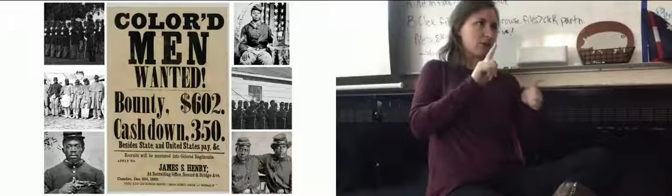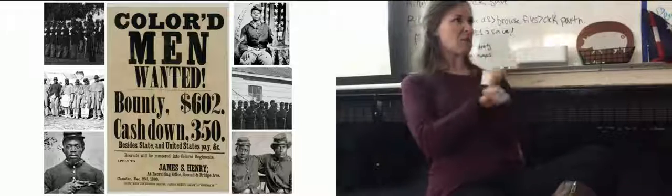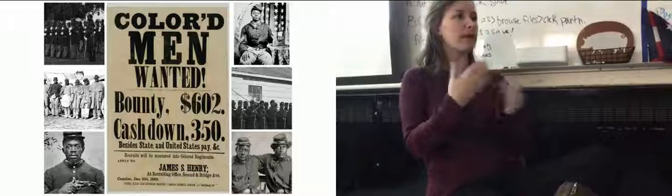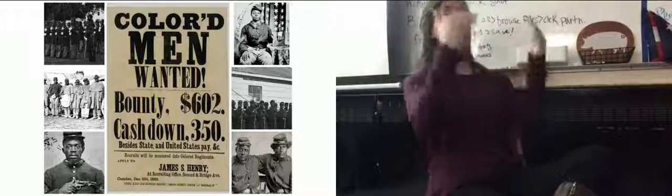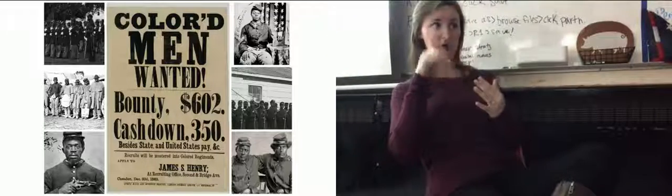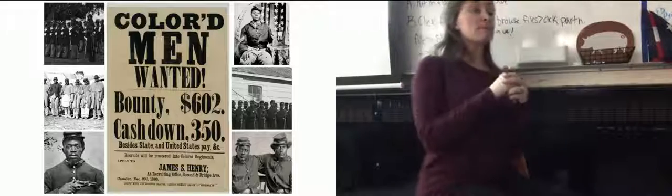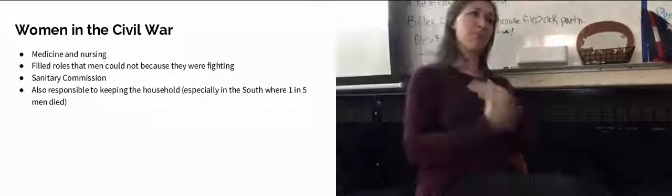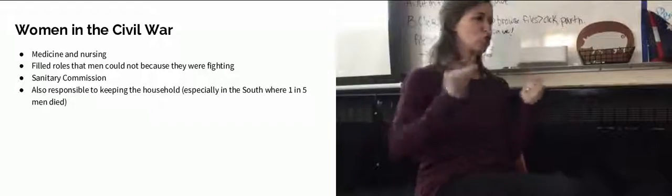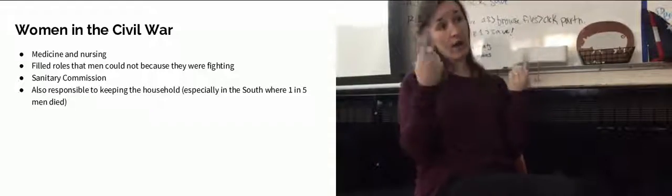On the other side, you have women in the war. If you will highlight medicine and nursing, that is the big thing that women are going to do in the war. Now, we have so much blood and destruction from this war, and because of this, you just have this massive amount of death.